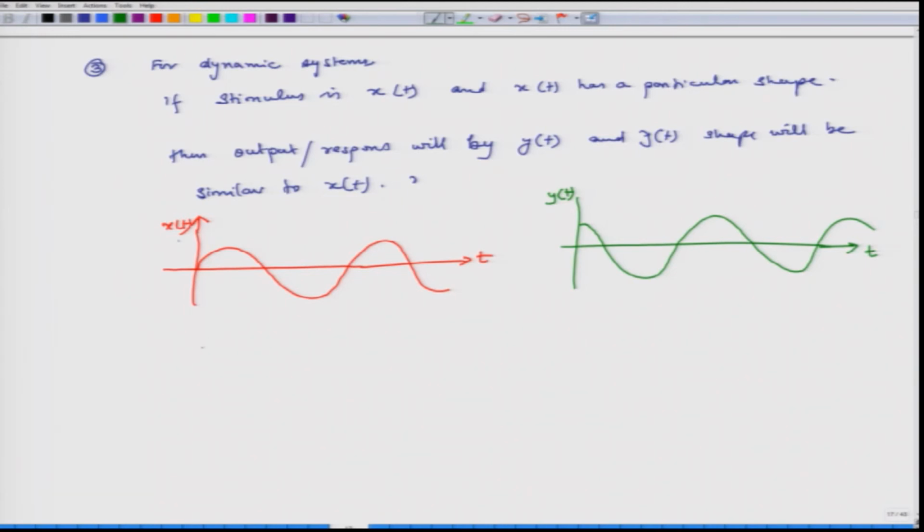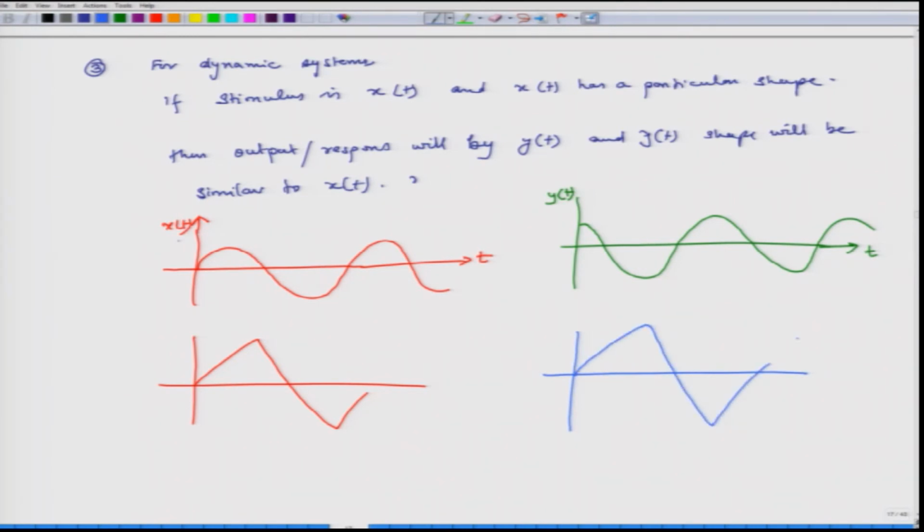Okay. If the displacement stimulus is this, then the response has to be something similar.